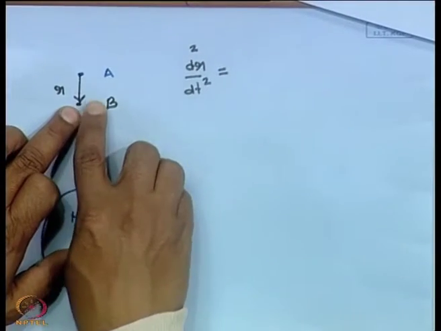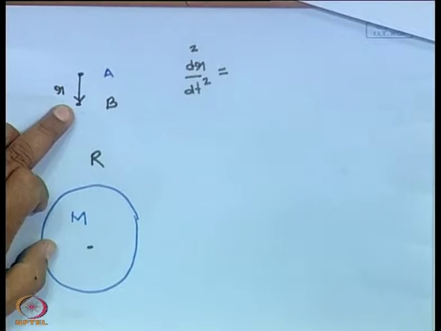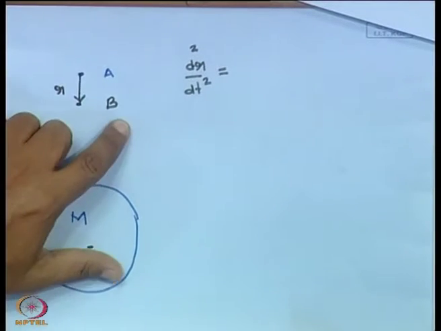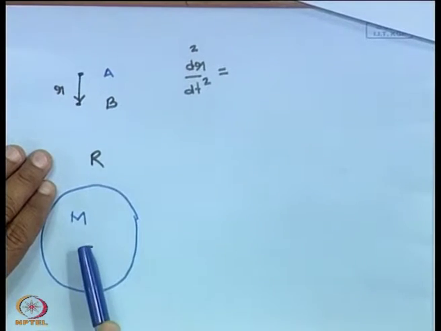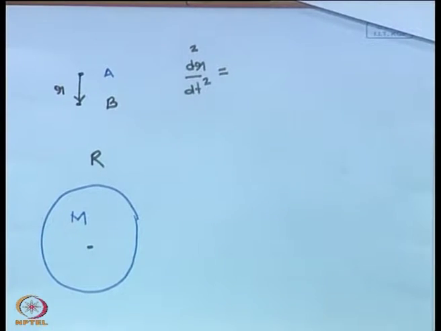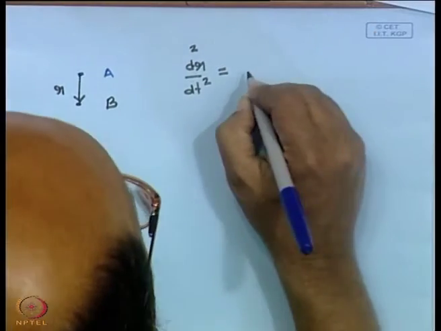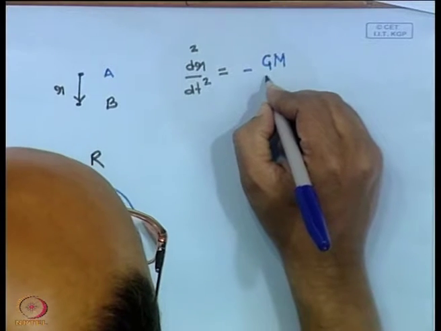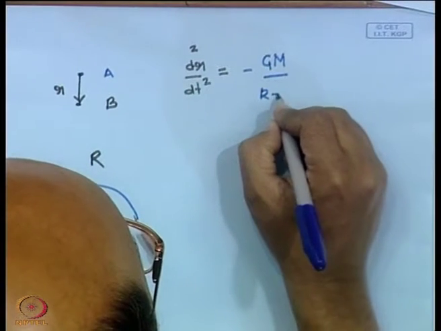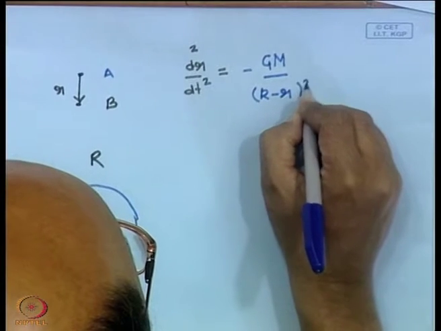Okay. So, with this, let me come back to the calculation that we were doing. We are writing the acceleration of B with respect to A. We will first write the acceleration of B with respect to this object, that is going to be minus GM by (R minus r) square.